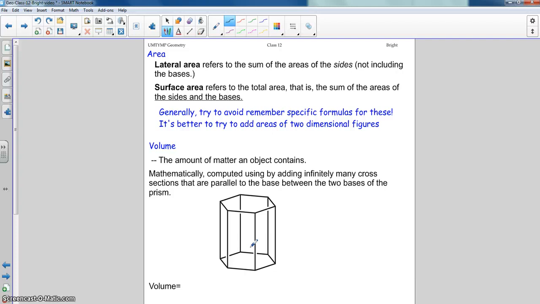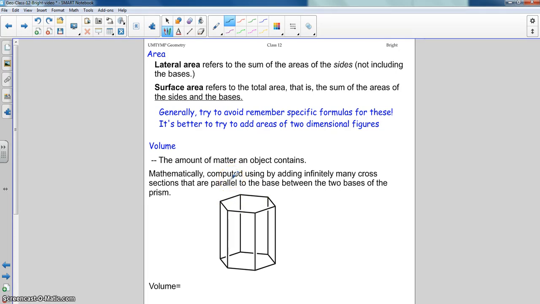Other ones, when we talk about pyramids and cones and all that stuff, it will actually be more beneficial to remember formulas in that case, but I think a better skill is to really try to utilize the geometry that you already know each time to determine the surface area and lateral area for each of these.